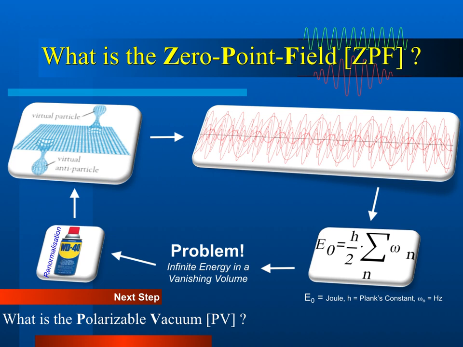However, a significant and substantial problem exists, that is, there is no upper limit to the frequency spectrum. This means that as the wave function frequency of a virtual particle approaches infinity, the energy contained in the dimensions of its wavelength also approaches infinity. This literally means that a vanishing volume of space-time may potentially contain an infinite amount of energy.